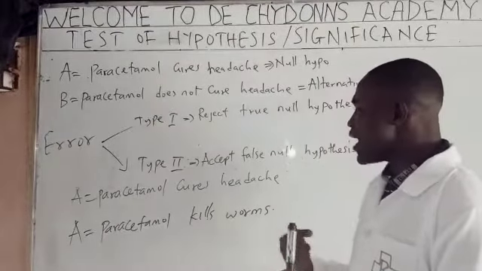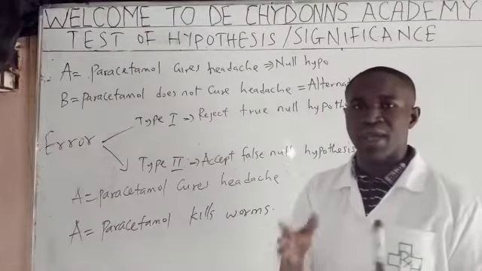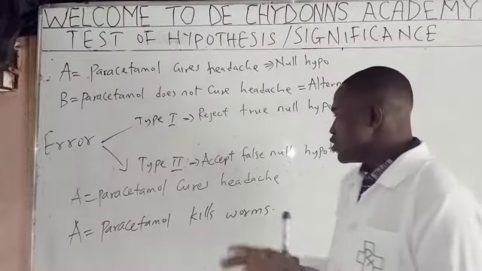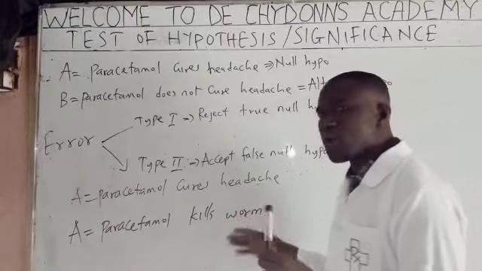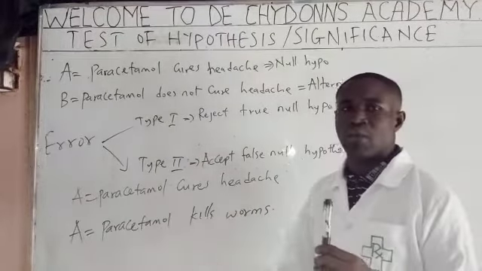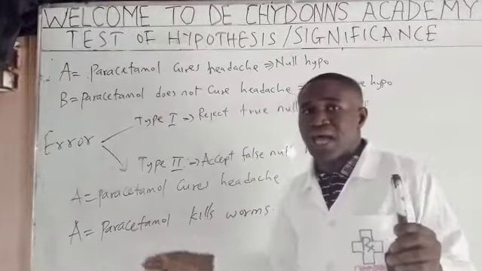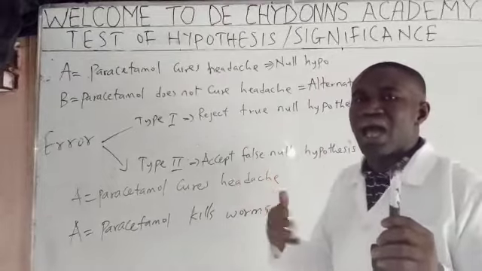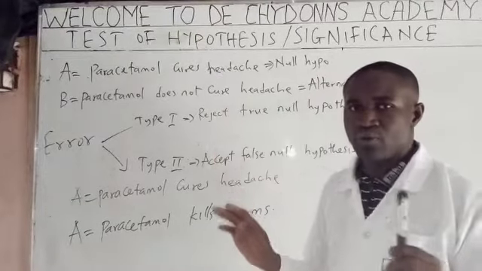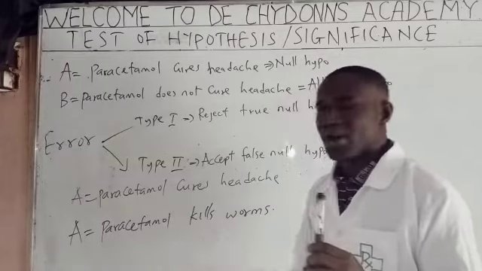Now, you and I know that no patients are given paracetamol to take care of worm if you are in the medical field. For you to take care of worm, you give albendazole, mebendazole, a lot of drugs, but not paracetamol. But we are looking into this matter as if we have not known it before. We want to confirm whether this man's statement is correct.